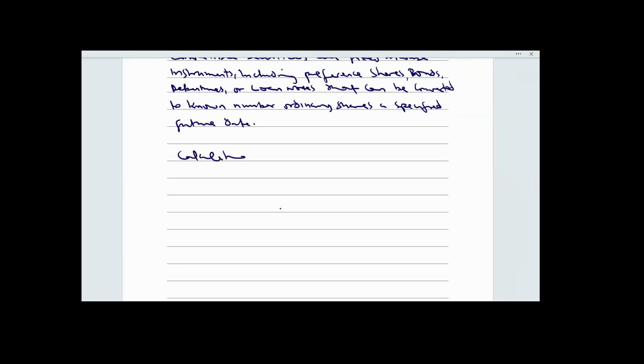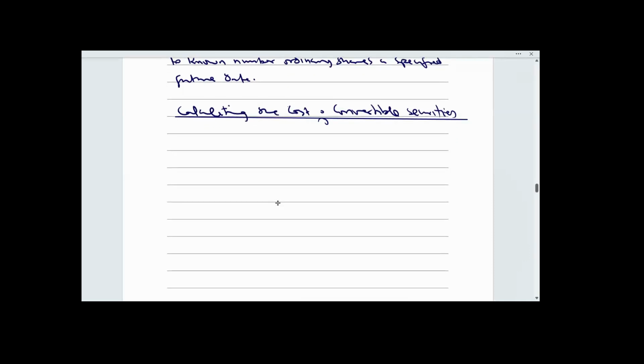Calculating the cost of convertible security. I'll be happy if we can finish this today. Then in our next class, we then move to work. We can't do work today because of the time.